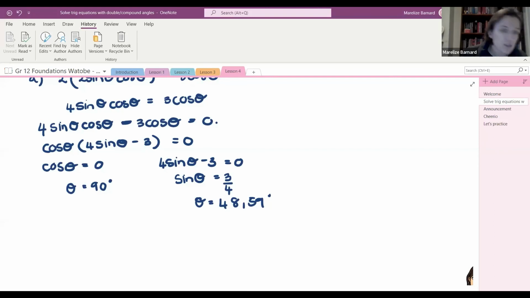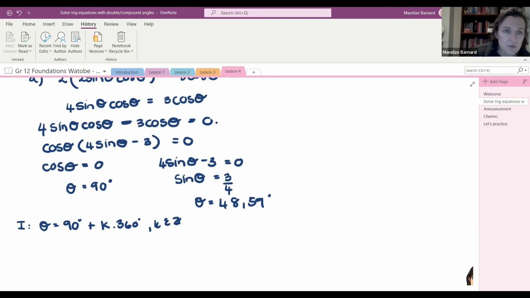Okay, so we are going to do the general solution here, just to revise that as well. General solution means you have to look at your quadrants and you have to solve for both quadrants. For cos of 90 degrees, that is where cos is positive, so that is in the first and the fourth quadrant. So our first quadrant solution is 90 plus k times 360, where k is an integer.